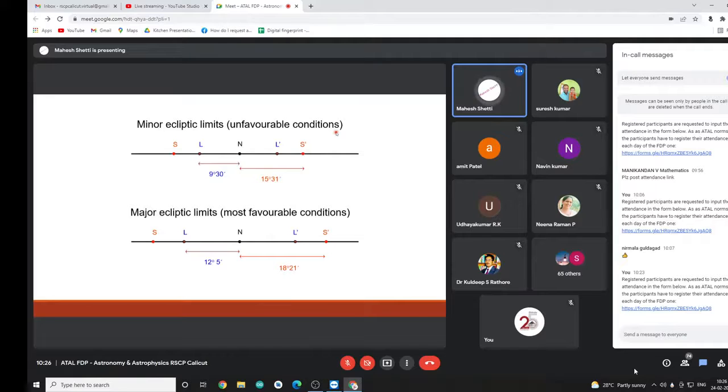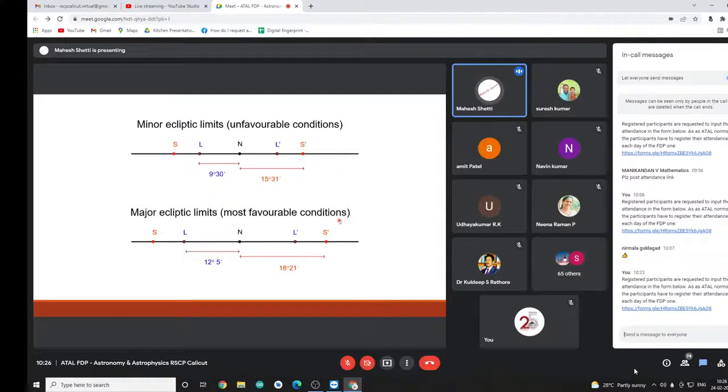Also the size of the sun's cone at the distance of the moon's orbit can reduce, because Earth's orbit around the sun is also eccentric. When both these things reduce, the ecliptic limit effectively comes down to 15 degrees 31 minutes for solar eclipse, and for lunar eclipse it comes down to 9 degrees 30 minutes.